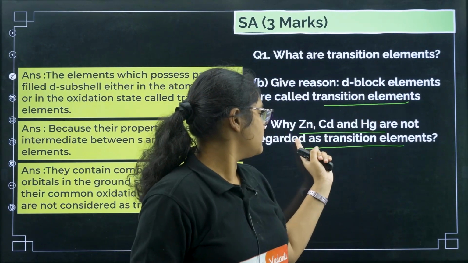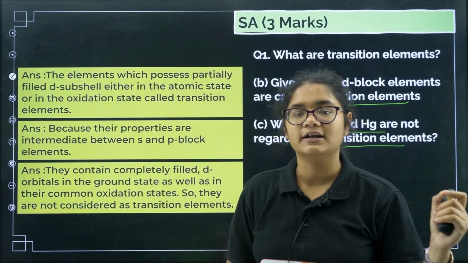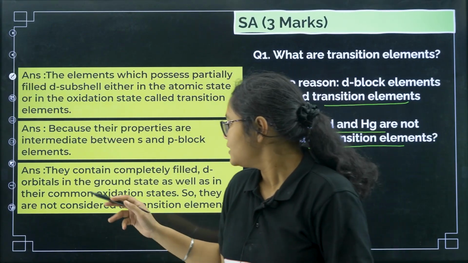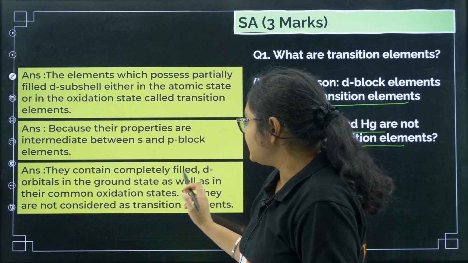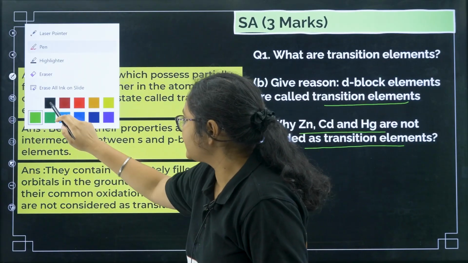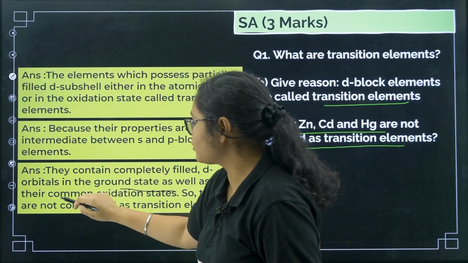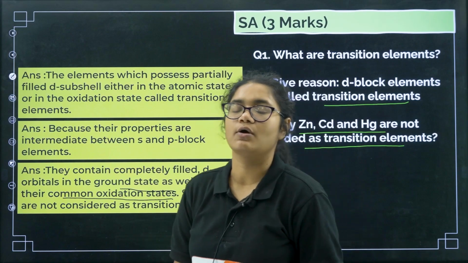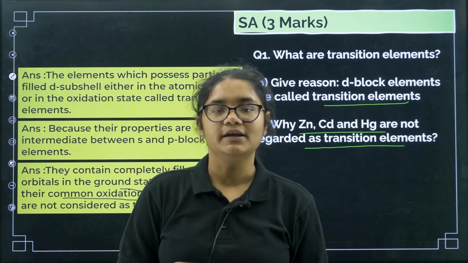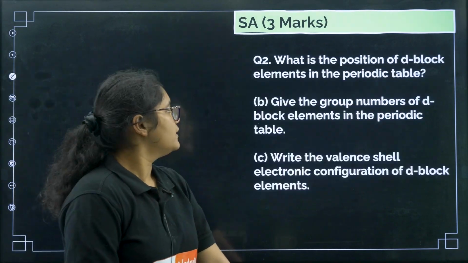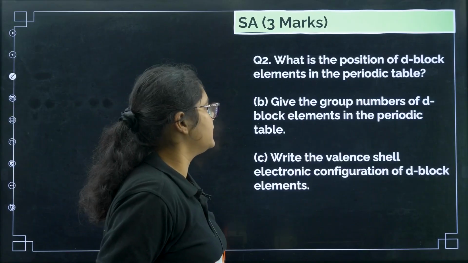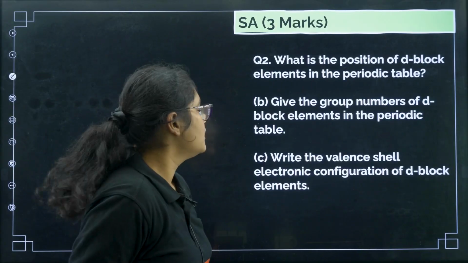Next, why zinc, cadmium and mercury are not regarded as transition elements? Because they contain completely filled d orbitals in the ground state as well as in the common oxidation state, so they are not considered transition elements. Clear? Next, what is the position of the d block in the periodic table?